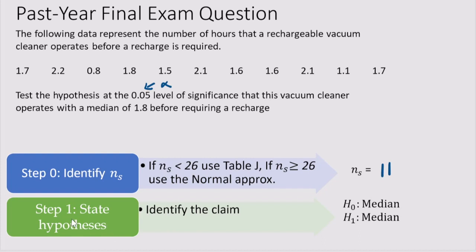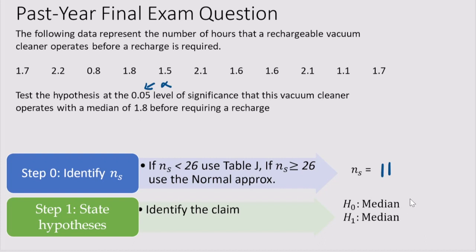And let's move on to the first step, stating the hypothesis, the identification of the claim. So over here, we would simply identify the claim from the question itself. We were supposed to test whether the vacuum cleaner operates with a median of 1.8.